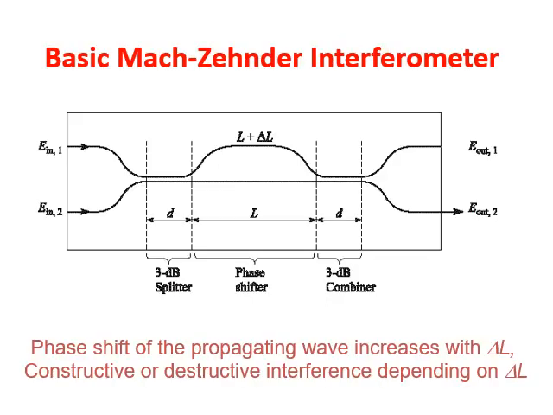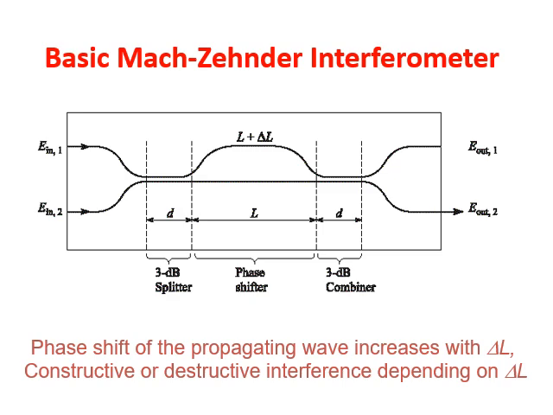This is one basic example to understand interferometers, which is done by the Mach-Zehnder interferometer, and he is the scientist who developed this particular formation of connections with respect to WDM.